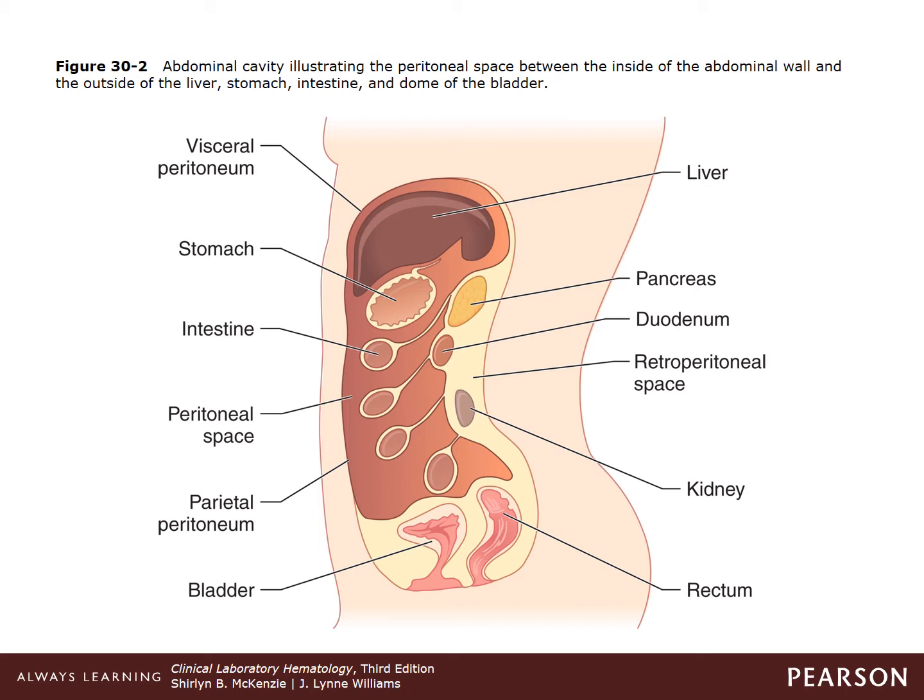They have small spaces that contain a minimum amount of fluid to keep the membranes moist and soft. So the inner membrane is called the visceral membrane, and the outer is the parietal membrane. Now accumulation in this space can be quite large, and if it is an effusion in the abdominal cavity, it could be considered as ascites fluid.